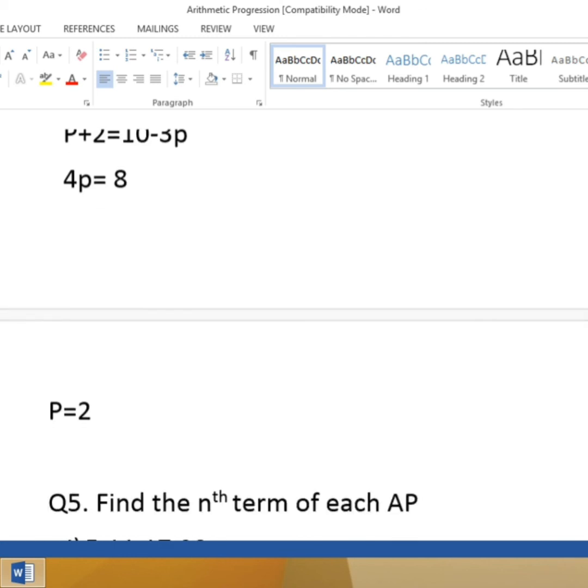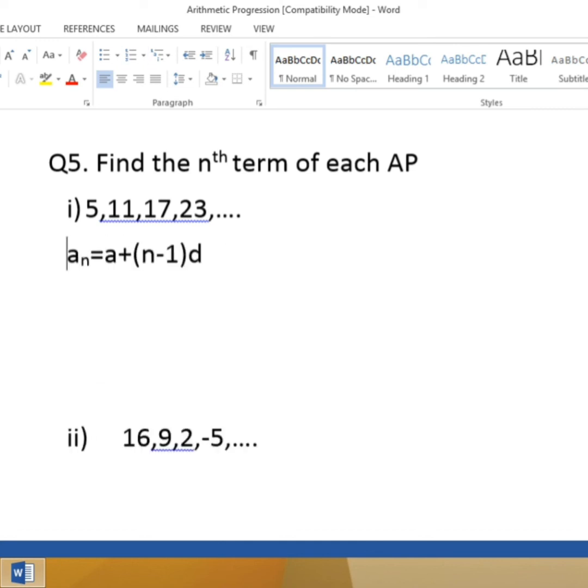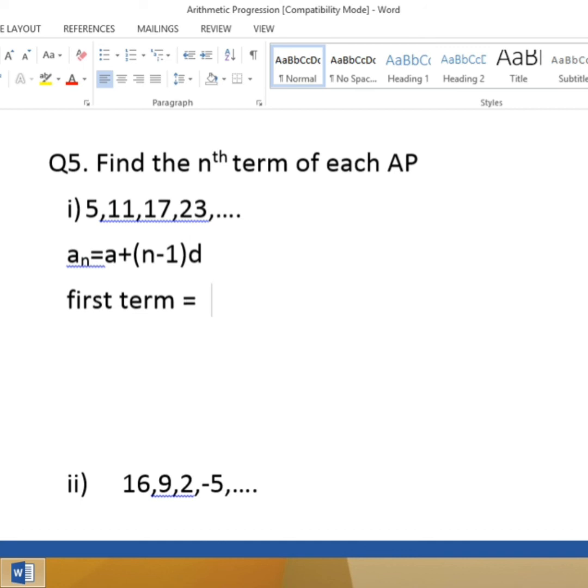Next question 5. Find the nth term of each arithmetic progression, and the first part of it is 5, 11, 17, 23. It goes on this way. We're going to find the nth term. So an equal to a plus n minus 1 into d. We know the first term is 5. Difference is 11 minus 5. That's going to be 6.